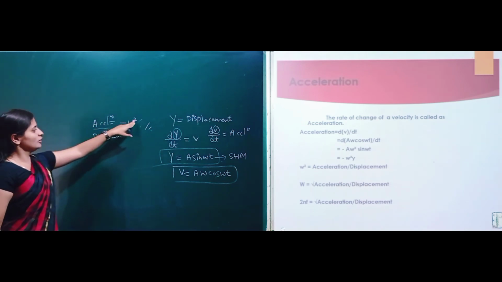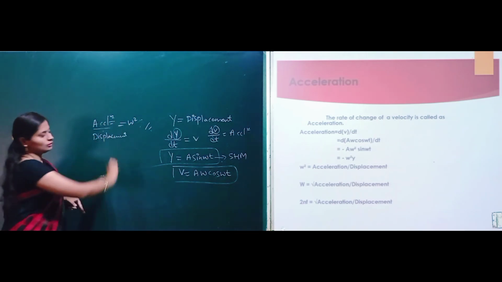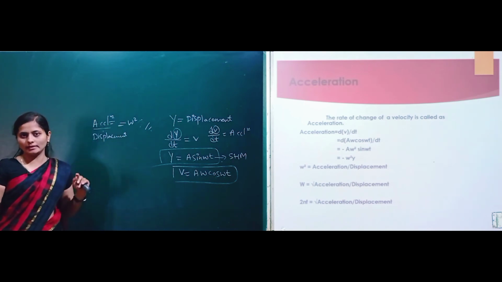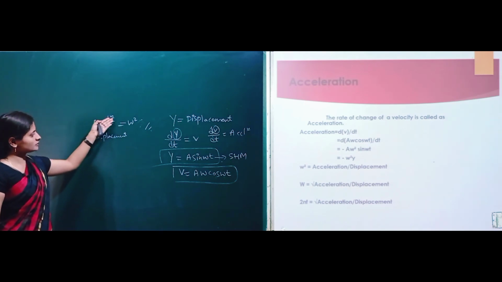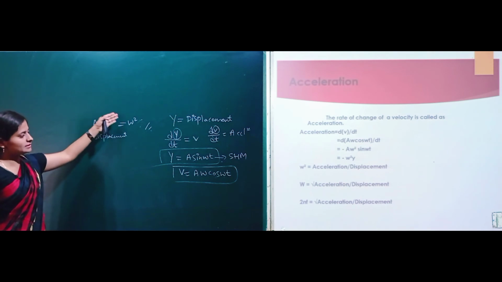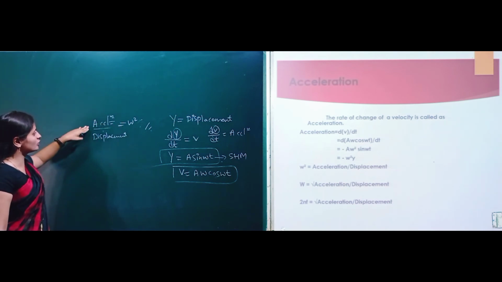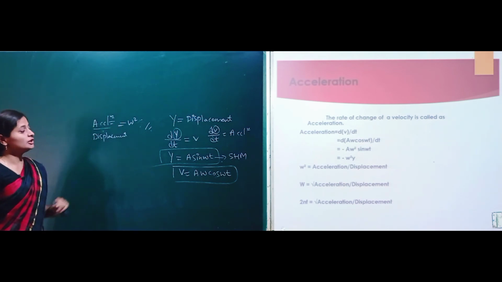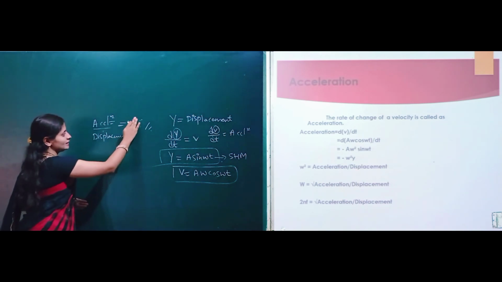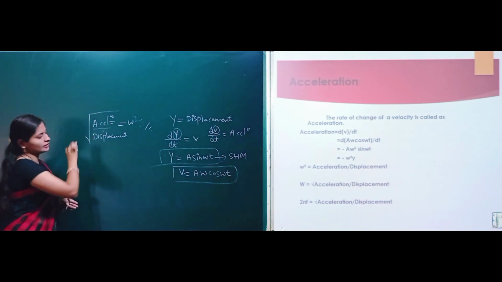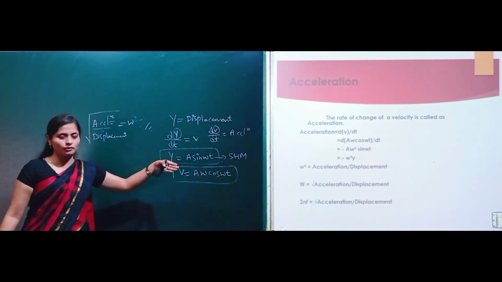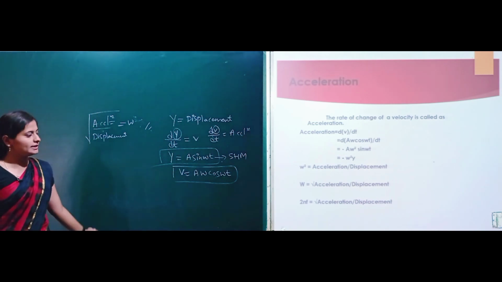If we take this term and this term, we are getting only omega square equal to acceleration by displacement. So see here, we are cancelling the square, which means we are getting a square root. Like that, omega equal to square root of acceleration by displacement.